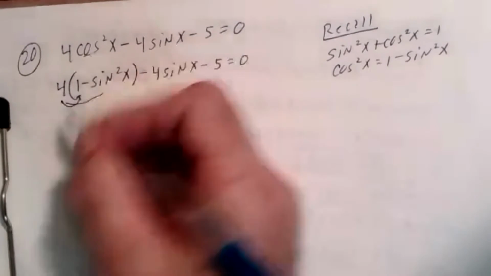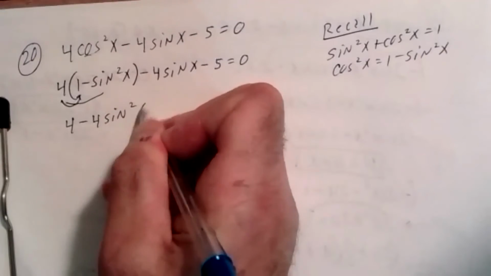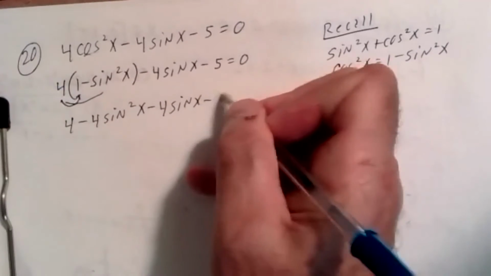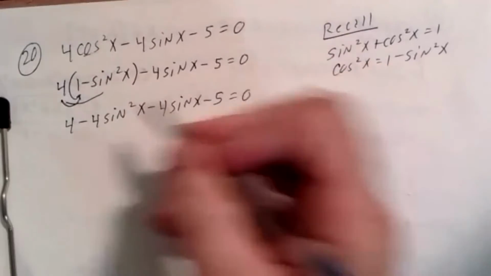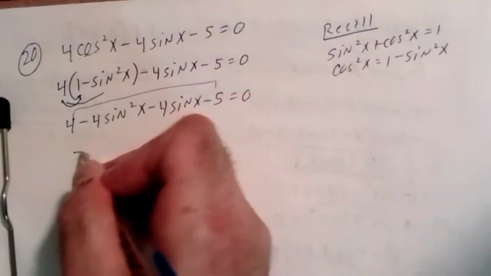Distributing the 4. Combining like terms, 4 minus the 5 way down here is -1.